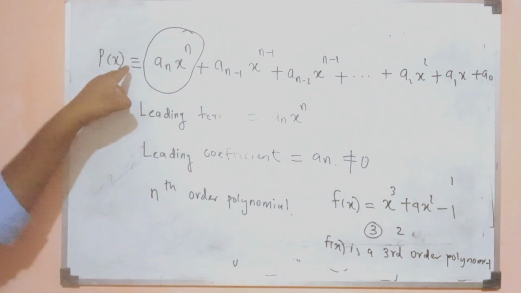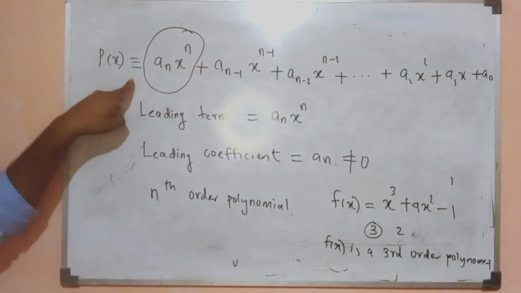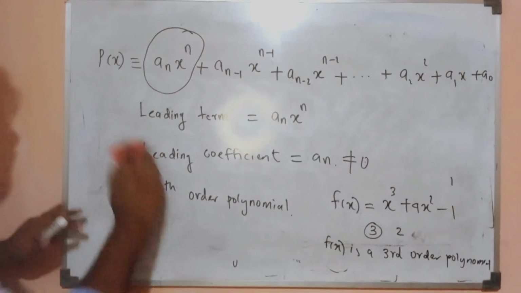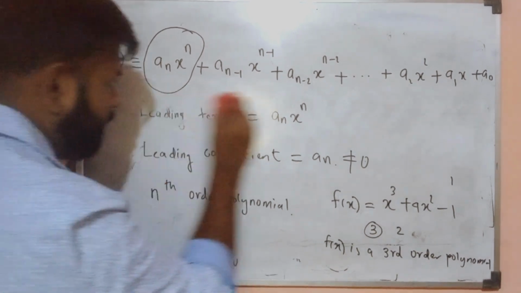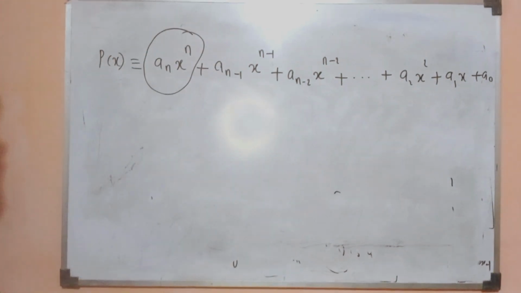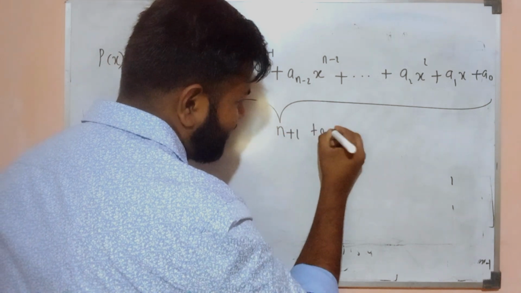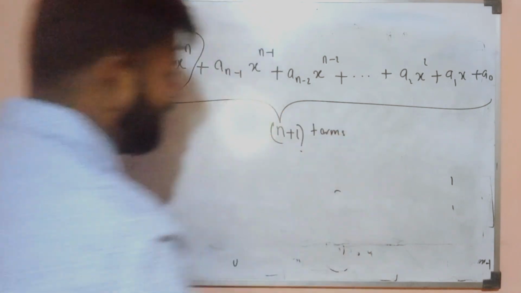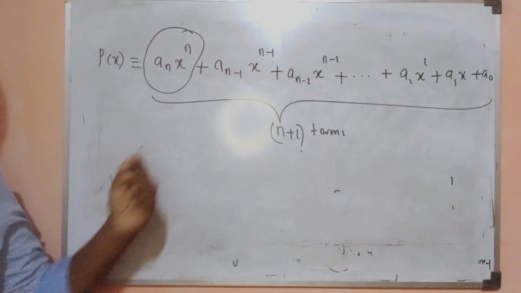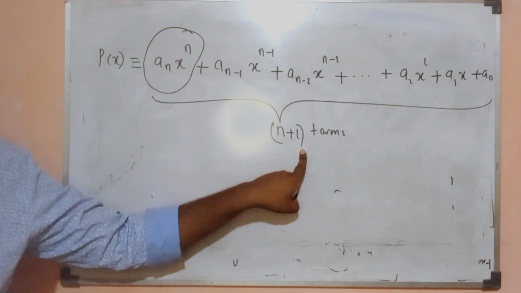Always remember, an nth order polynomial can have up to n plus 1 terms. It can have fewer terms than n plus 1, but it cannot go beyond n plus 1.